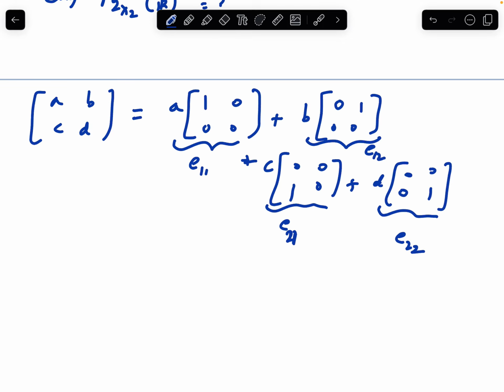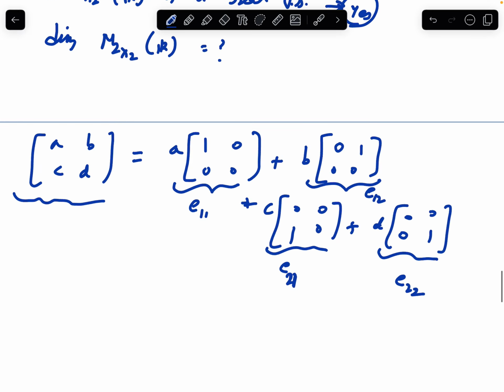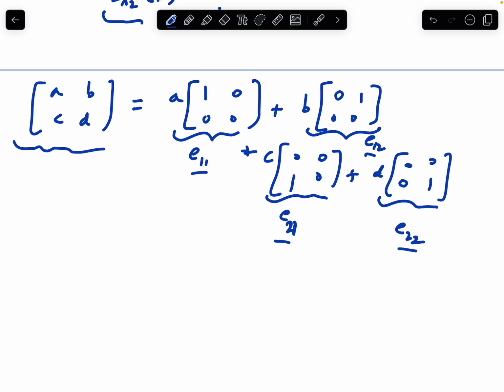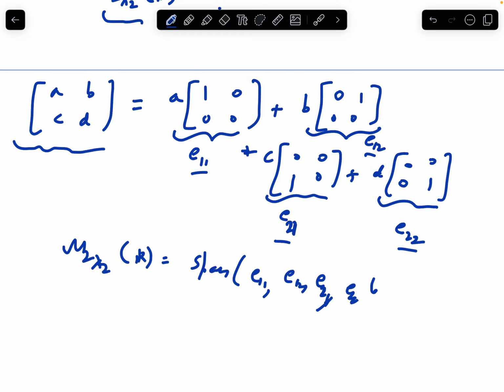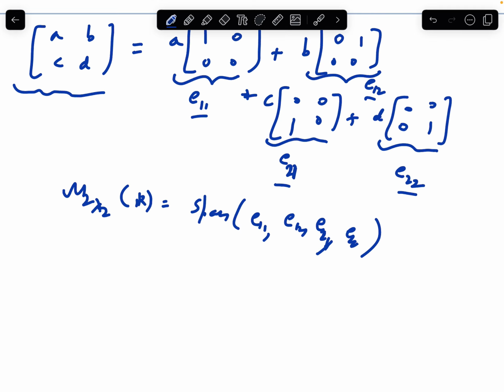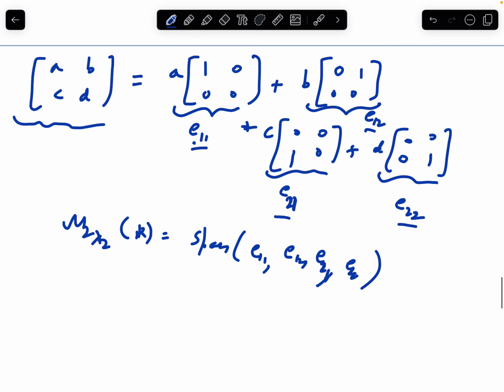Then it is obvious that every element in M2 by 2 can be written as a linear combination of these vectors, right? That is, I can say that M2 by 2 R is the span of E11, E12, E21 and E22.